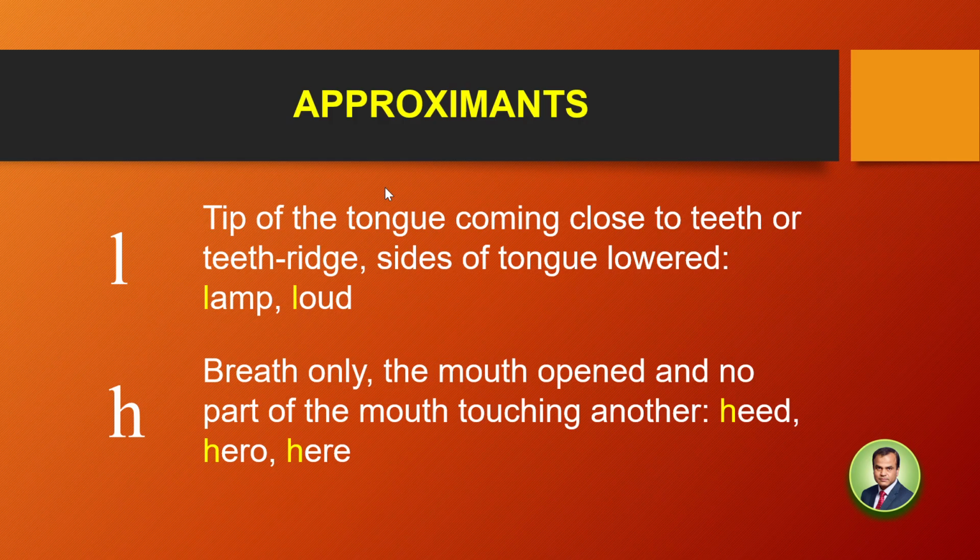The last approximant and the last consonant of this series is H as the letter, but as the sound it is pronounced as a breath. So in words like hero, hair, or heat, you will see this particular symbol used in the phonetic pattern of these words.